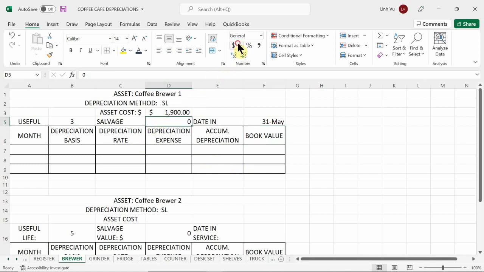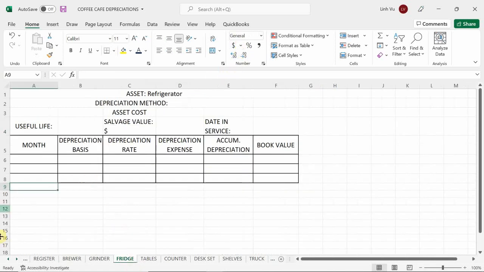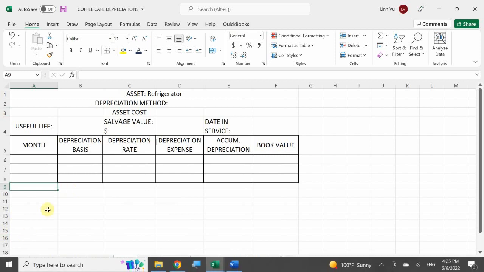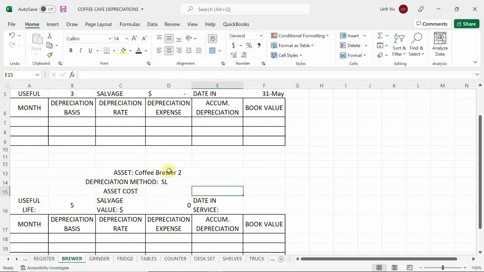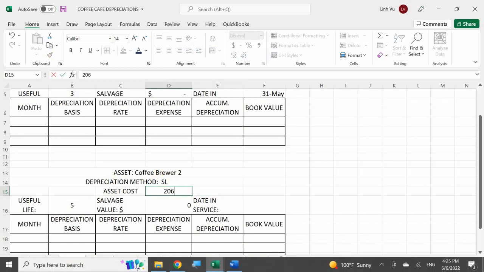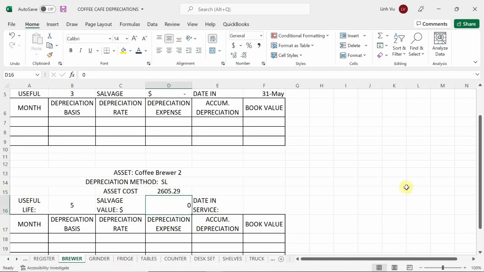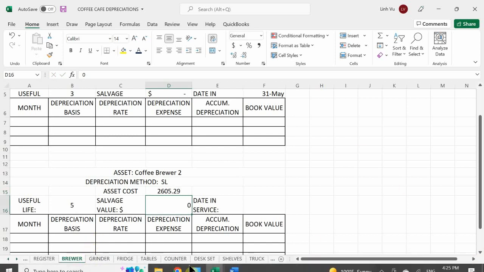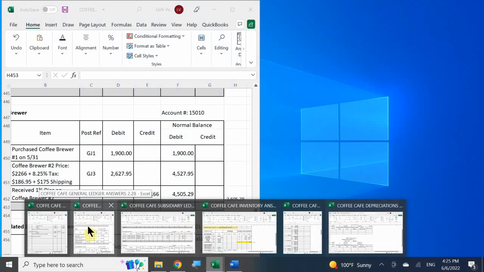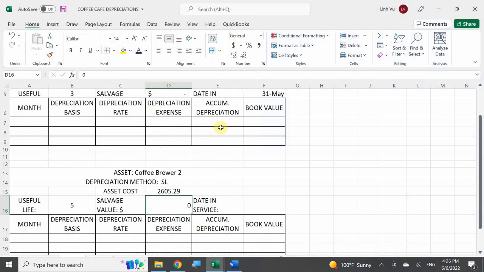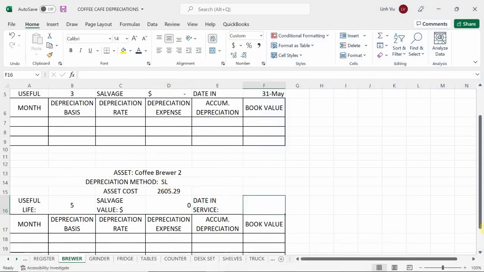And for my second coffee brewer, the asset cost was $2,605.29. Let's double confirm that: 2,605.29. Okay. And of course, we purchased it and received it on June 10.